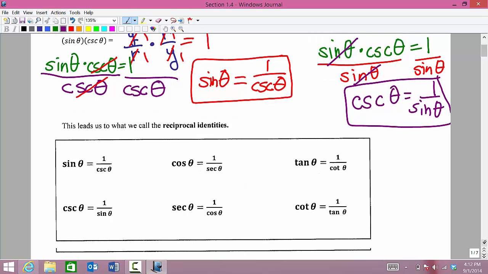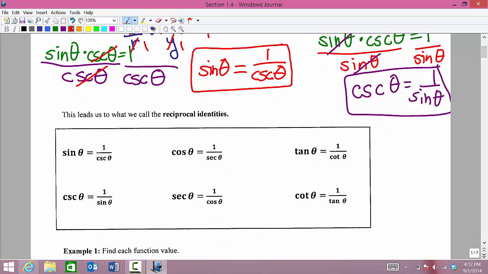Cosine and secant are also reciprocals of each other, so that we see that we have this reciprocal identity very, very similar to sine and cosecant, and we have the flip of that as well. And then also it works for tangent and cotangent. Tangent theta is equal to 1 over cotangent theta. These are reciprocals of each other. Cotangent theta is equal to 1 over tangent theta. So these are our reciprocal identities.